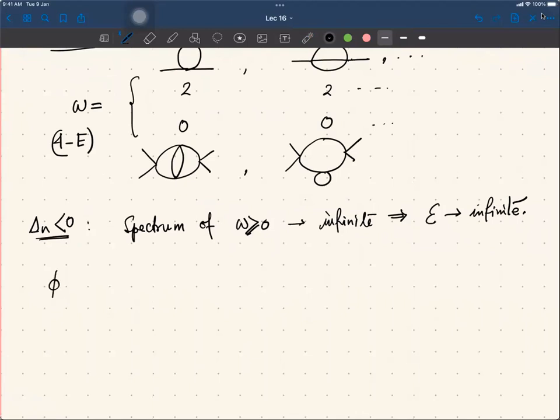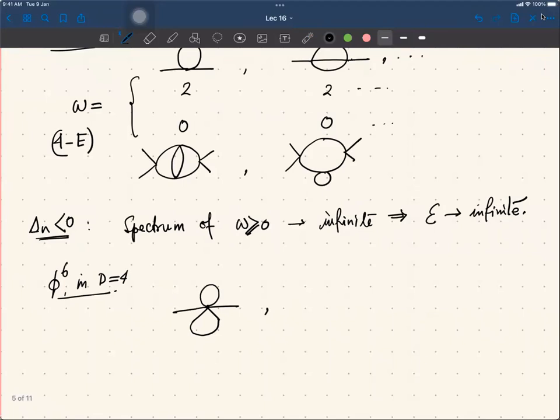You can take phi to the power 6 in D equals 4. So this is your primitive graph. So phi to the power 6. There are 4 legs coming out, and you can form a loop like this. So that is a non-primitive graph. That is an E graph.